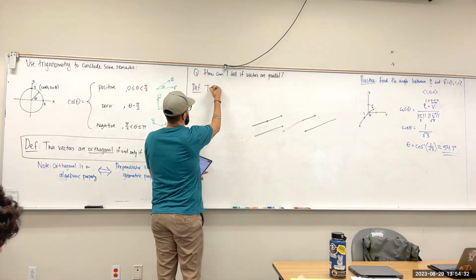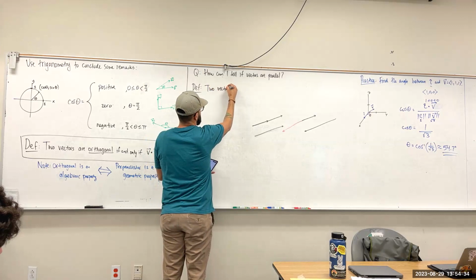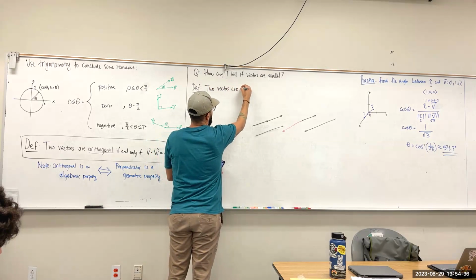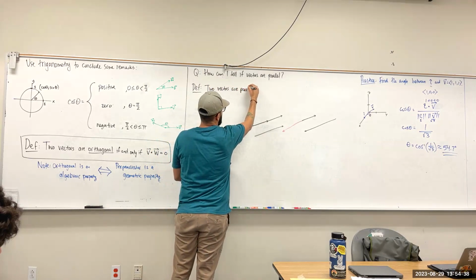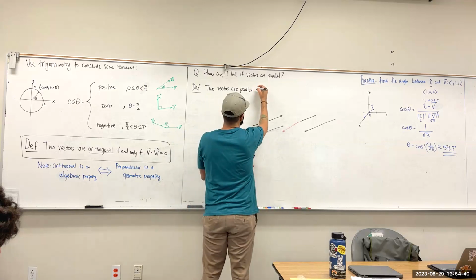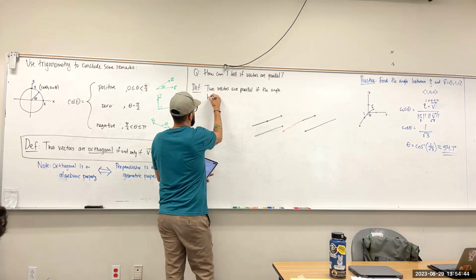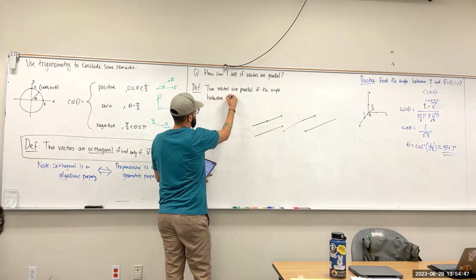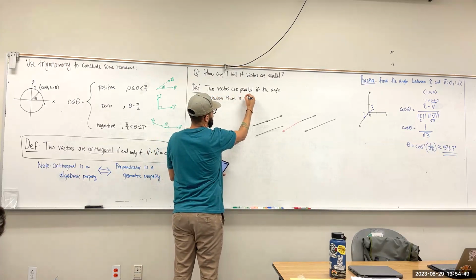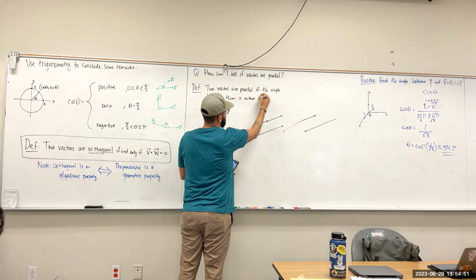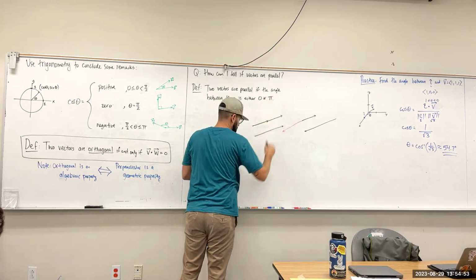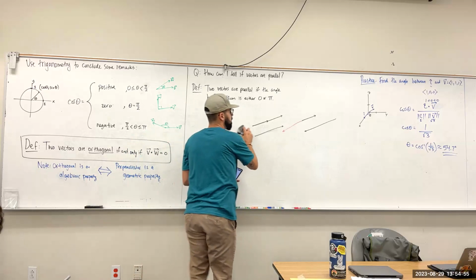So we're going to say two vectors are parallel if the angle between them is either 0 or pi. And in this case, it's talking about them in radians.